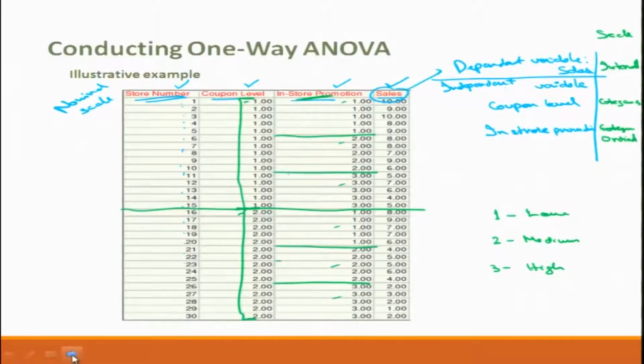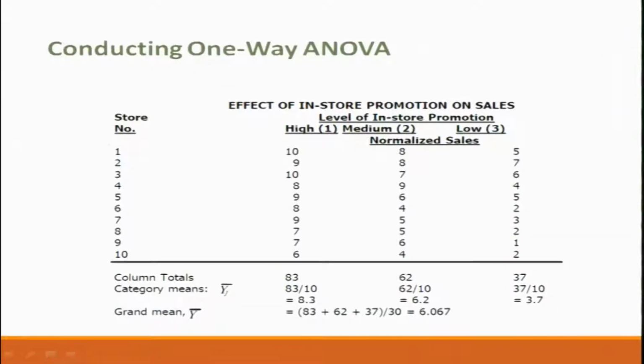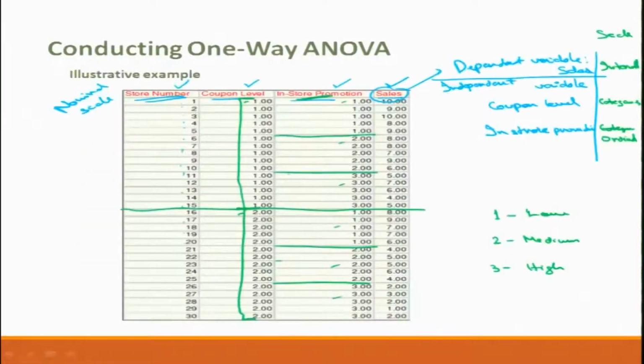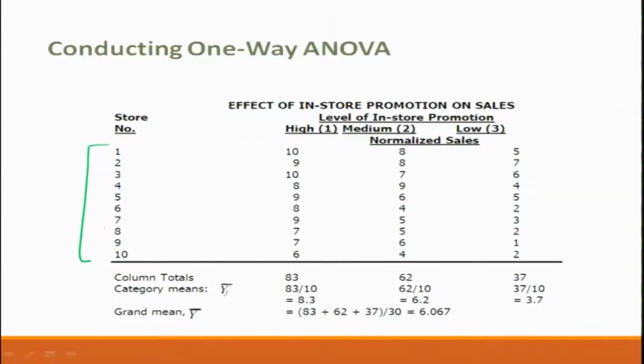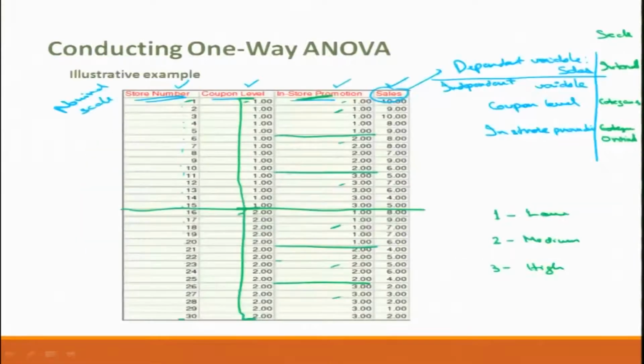So I could divide this into these stores. There were a total of 30 stores. I have divided this into 3 groups of in-store promotion, that is low, medium and number 3, this 3 is high.